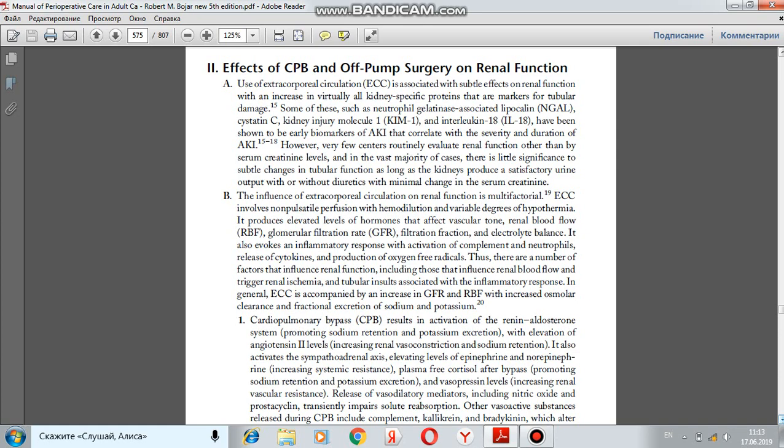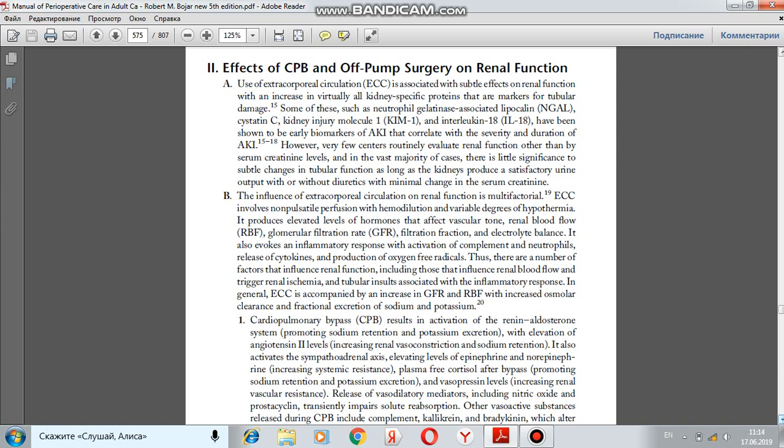It also evokes an inflammatory response with activation of complement and neutrophils, release of cytokines, and production of oxygen-free radicals. Thus, there are a number of factors that influence renal function, including those that influence renal blood flow and trigger renal ischemia and tubular insults associated with the inflammatory response.